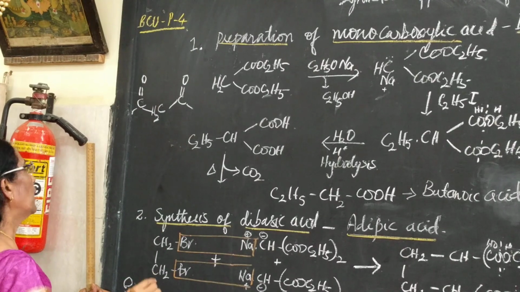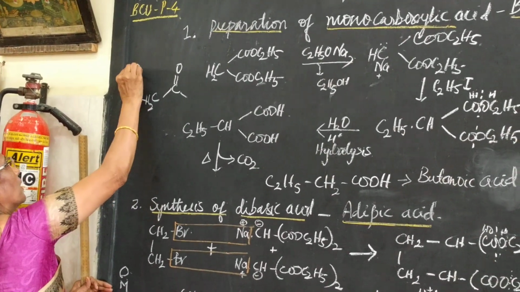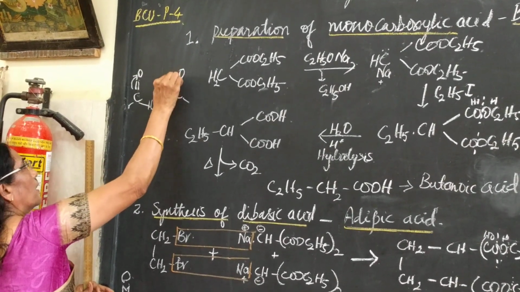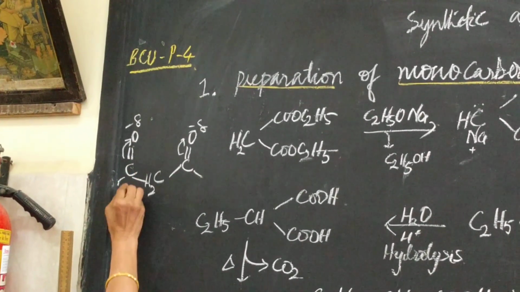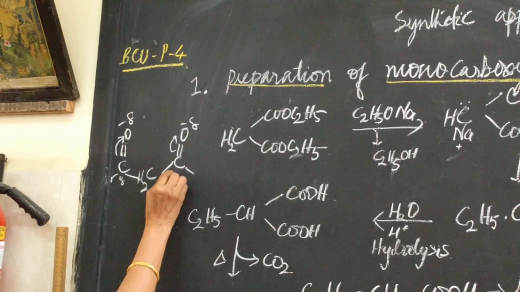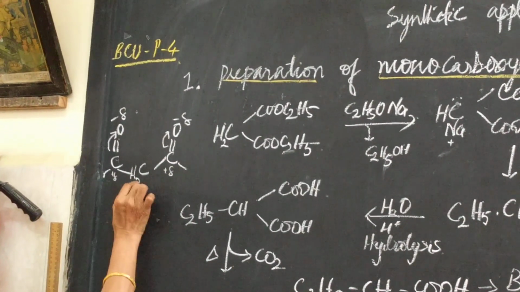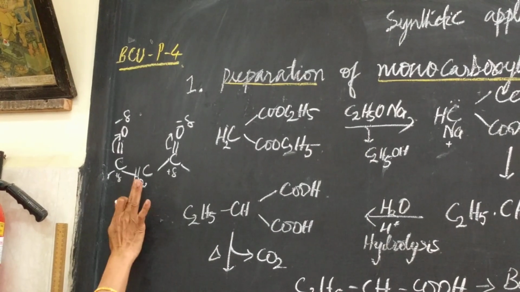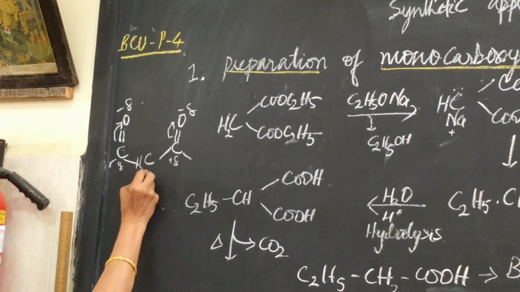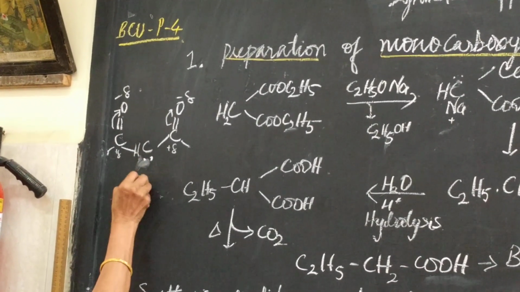In any carbonyl group, you know that there is minus delta on the oxygen. There is plus delta here due to this polarization, and these 2 hydrogens, we call them acidic in nature because this can leave the molecule as a proton.